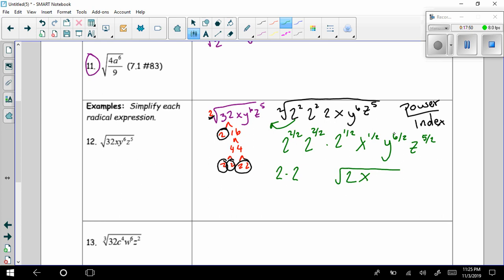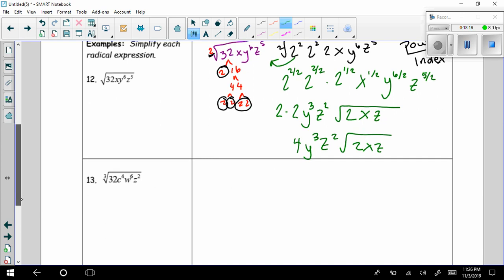I need a full 2 to take anything out. 6 over 2 divides to 3. 5 over 2 for my z divides to 2, but then I have a remainder of 1. So remainders go inside, whole numbers go outside. I'm just going to simplify this real quick. And we're done with that one.